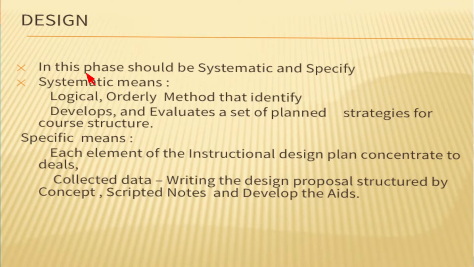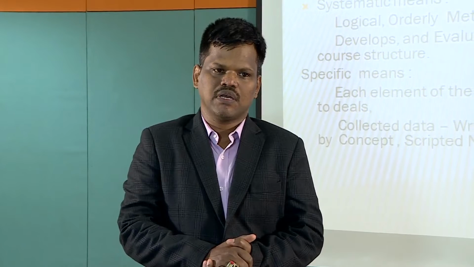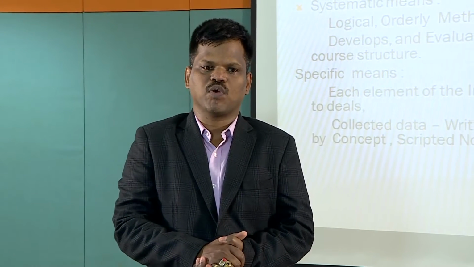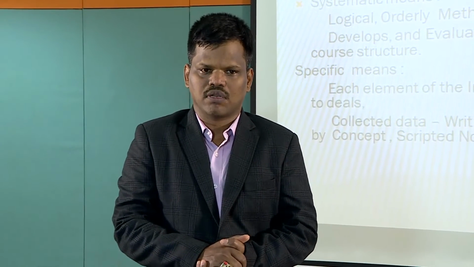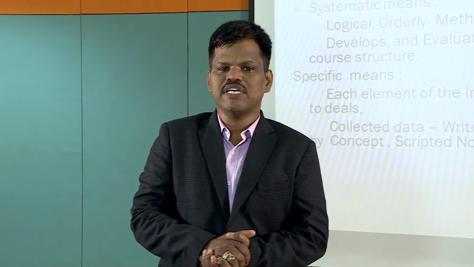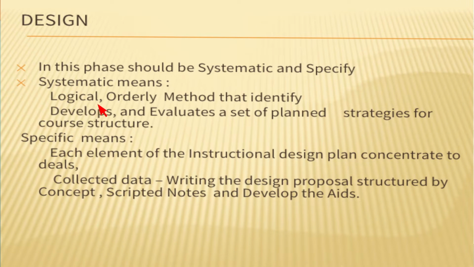In this design phase should be systematic and specify the objectives, like what topics we want to learn or teach. Systematic means orderly, in proper method, make it to identify.